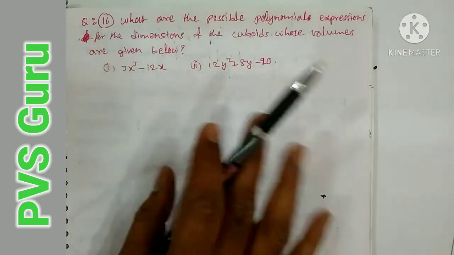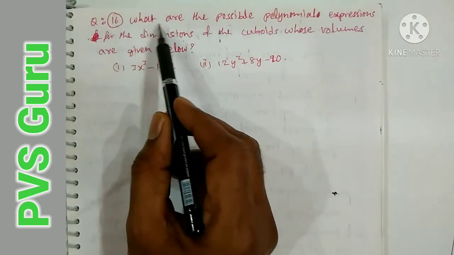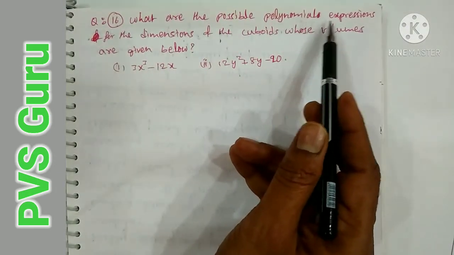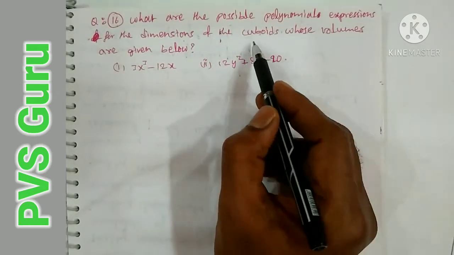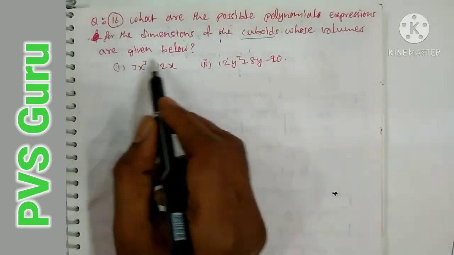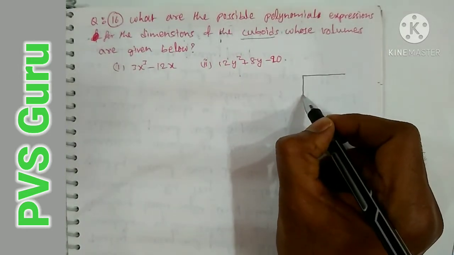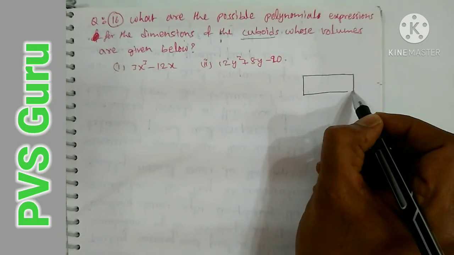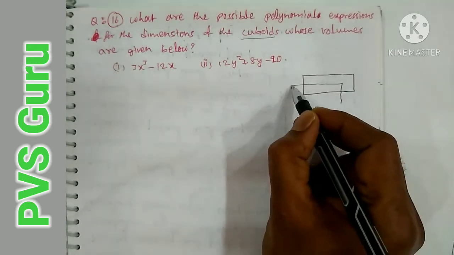So this is also a very simple question, an interesting question. Question number 16. What are the possible polynomial expressions for the dimensions of the cuboids whose volumes are given below? So cuboid means, for example, the duster in our classroom. Duster is a cuboid.